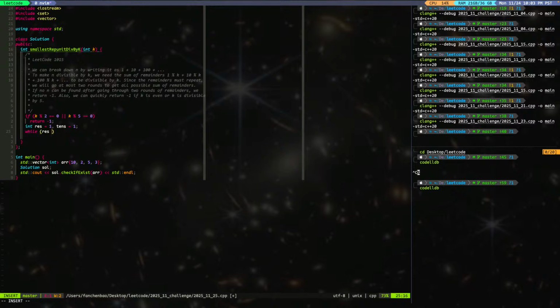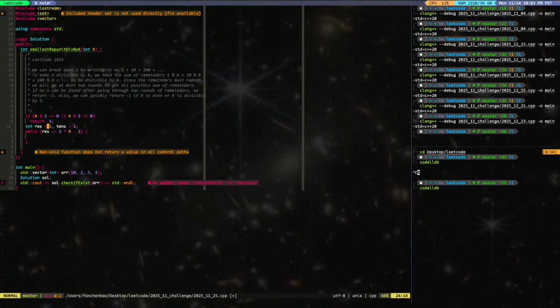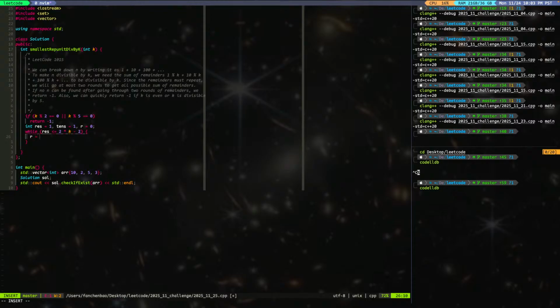So k needs to be smaller or equal to 2 times k minus 2, right? That's the maximum we can go. Tens res and r equal to 0, start with 0, right? So r equal to r plus tens mod k. If r is equal to 0, return res.